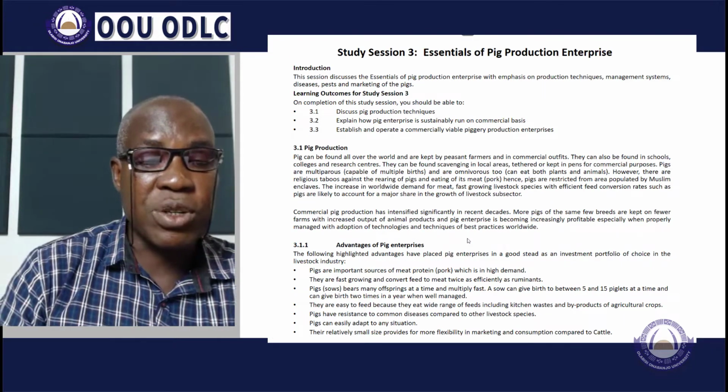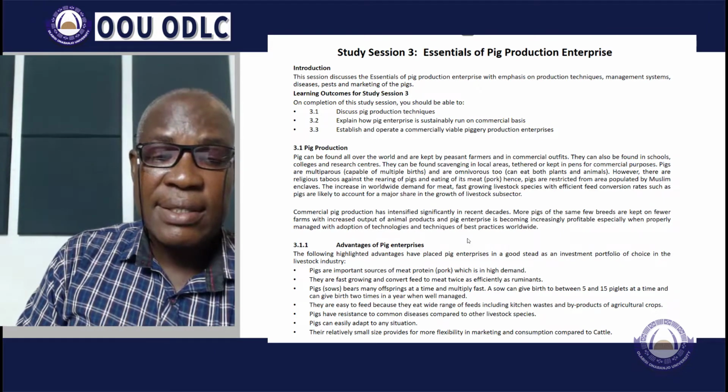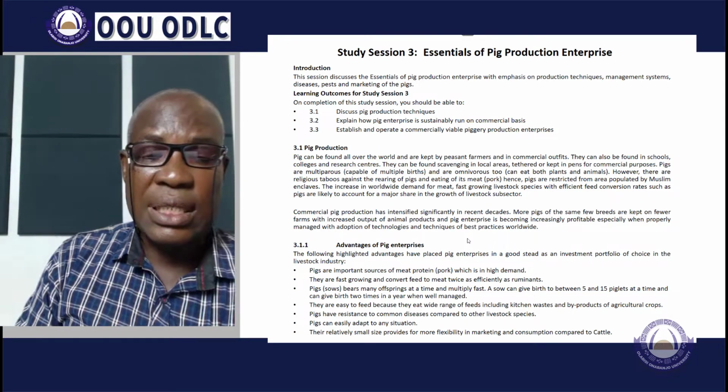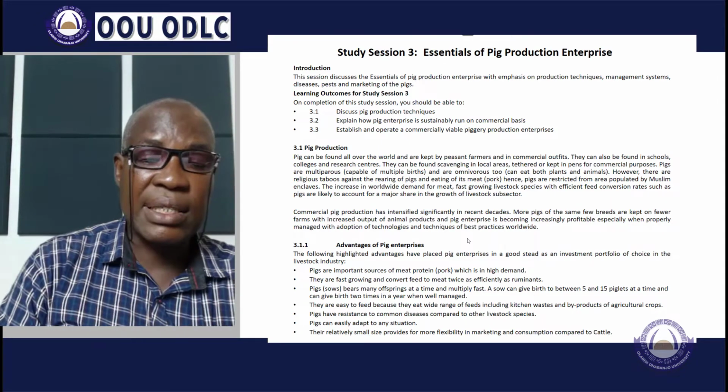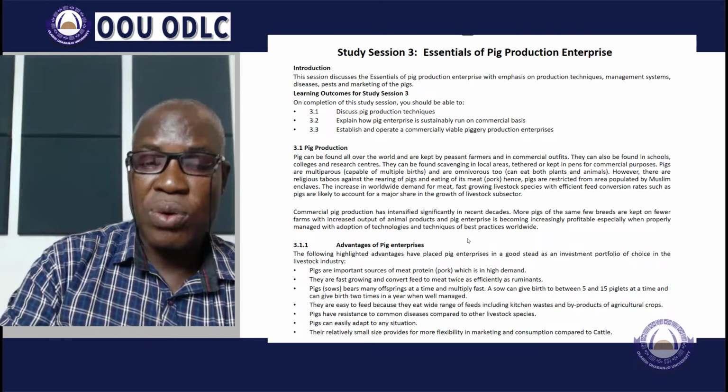There is a high demand for it also, and so people are buying it. And then also, they are relatively small in size and more flexible in marketing compared to cattle.